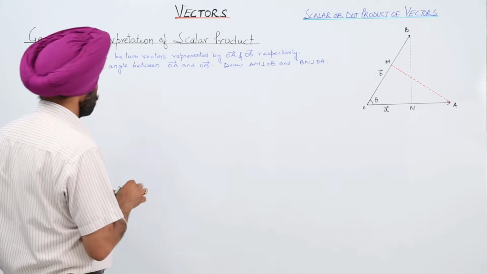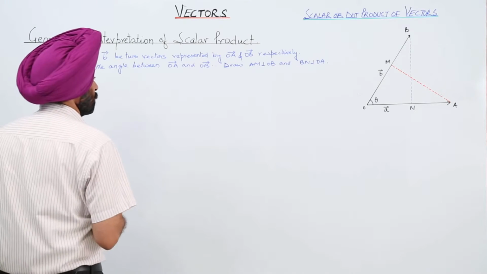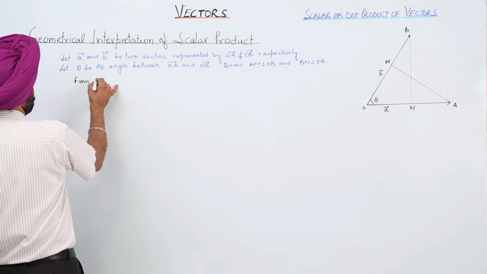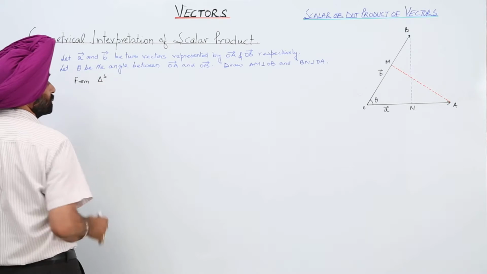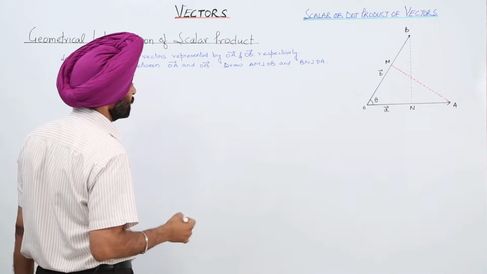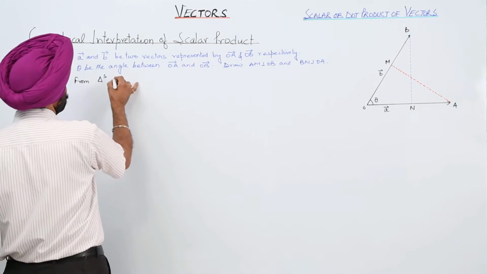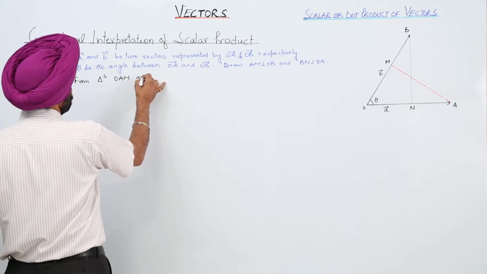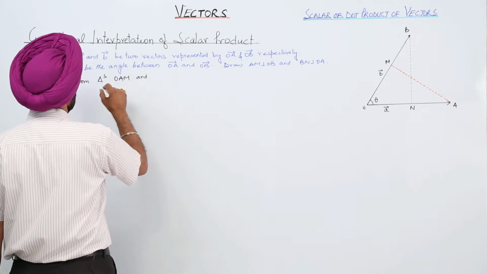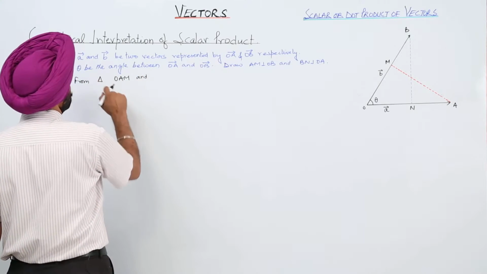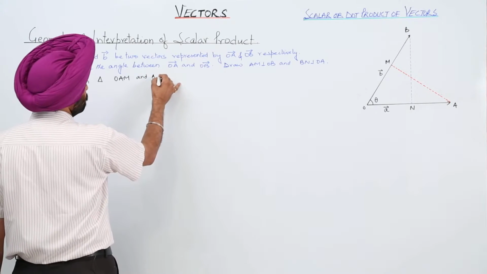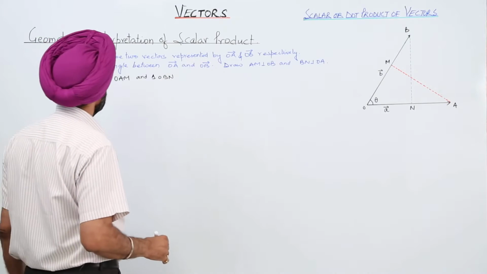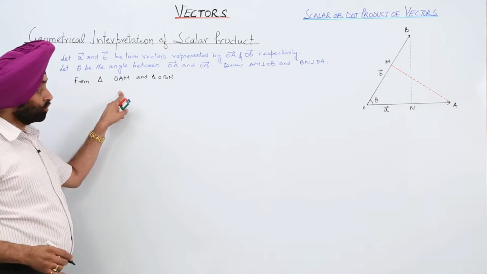Now we have two right angle triangles, triangle OAM and triangle OBN.